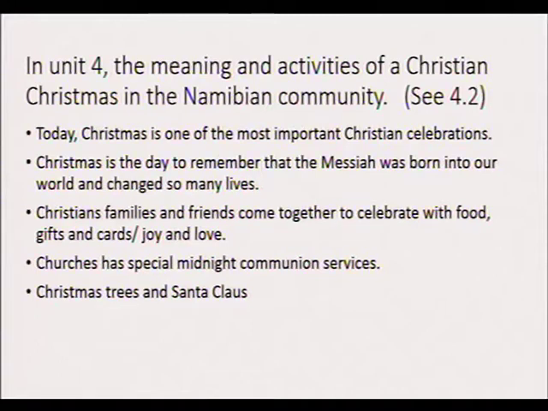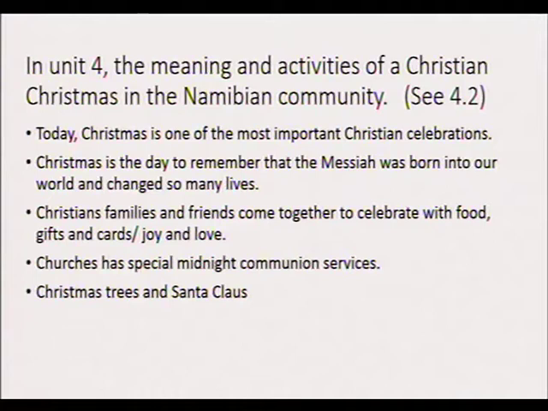In Unit 4, the meaning and activities of a Christian Christmas in the Namibian community. That is well covered in Unit 4.2. I put down a few hints here or a few facts here on what the meaning and the activities are.